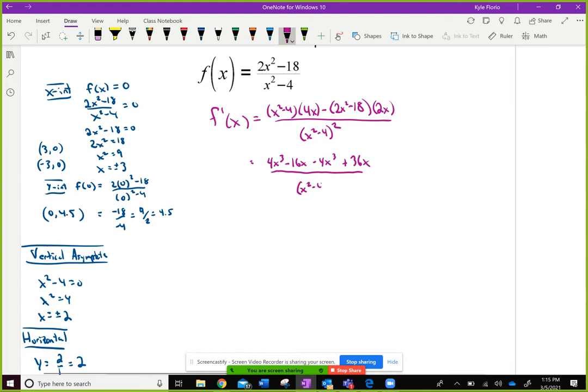Careful with that negative. All right, so I got the first derivative was 20x over (x squared minus 4) squared.